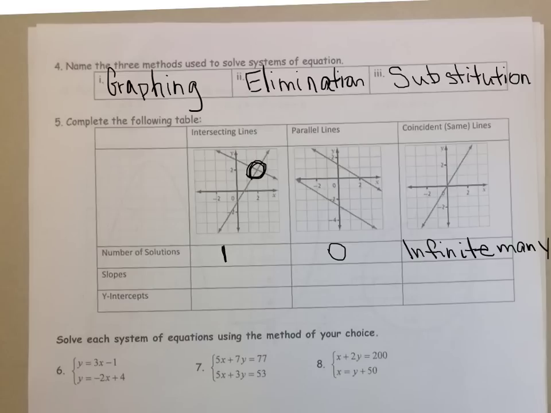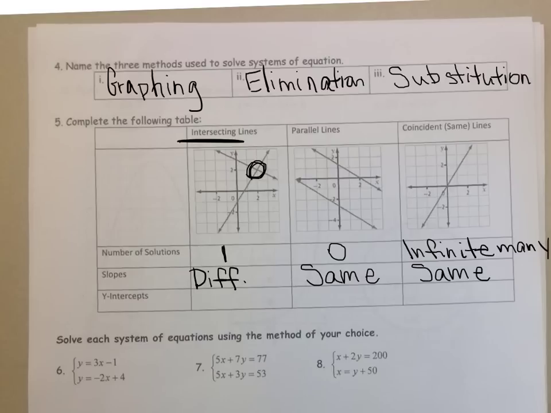Slopes. What kind of slope do we have here? The slopes are different. I just want you to remember that your slopes are different when your lines are intersecting. Parallel lines, your slopes are the same. And same lines, your slopes are the same.